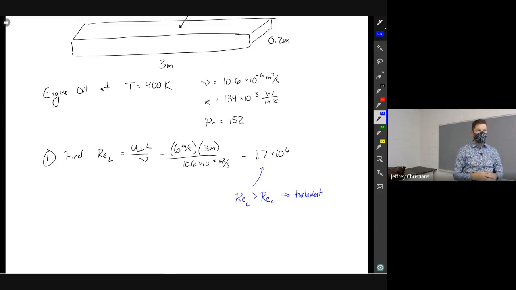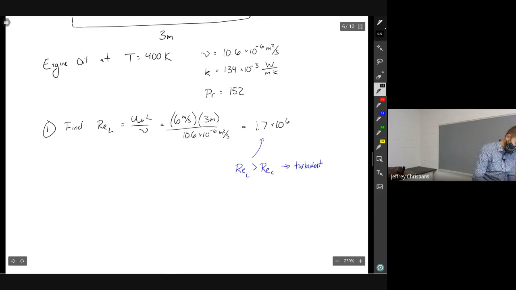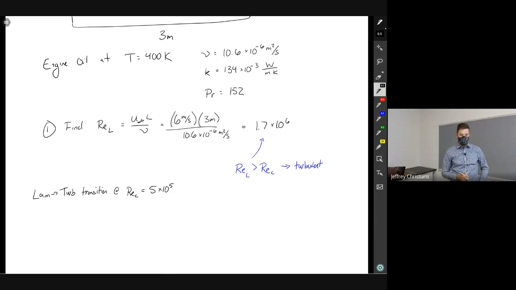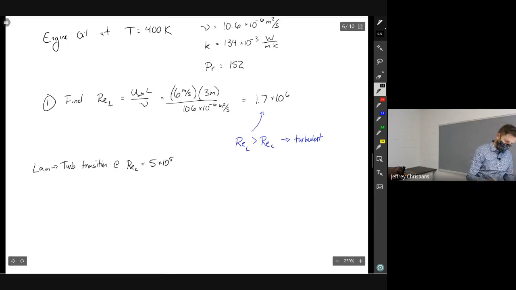It's going to start laminar, flip turbulent. So we have to figure out where that transition takes place. It's going to flip at a Reynolds number of 5 times 10 to the 5. So we can figure out where that's happening, the location.